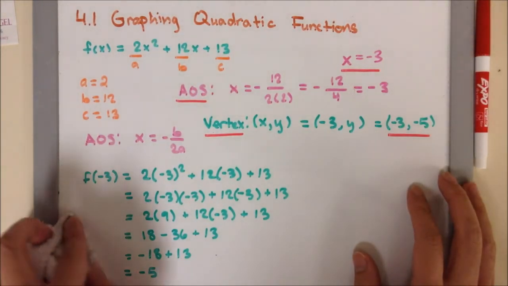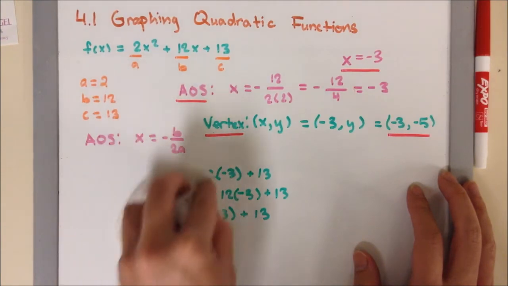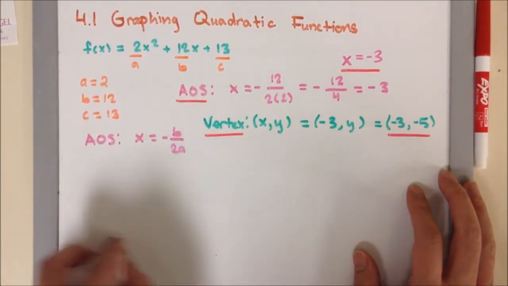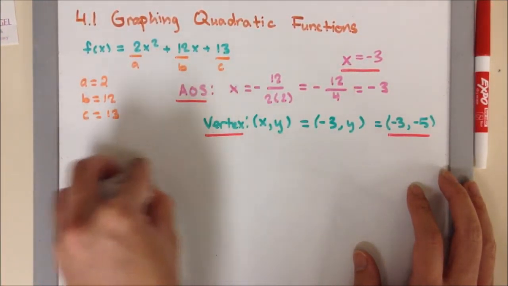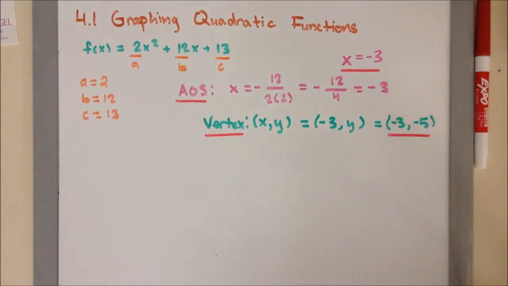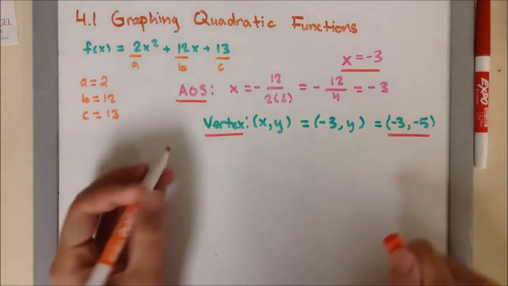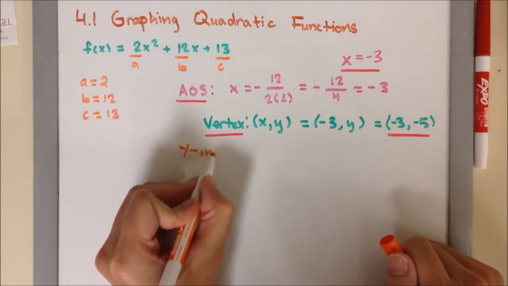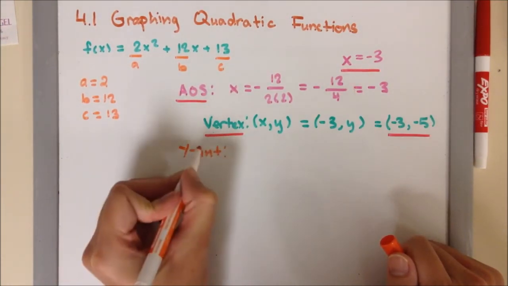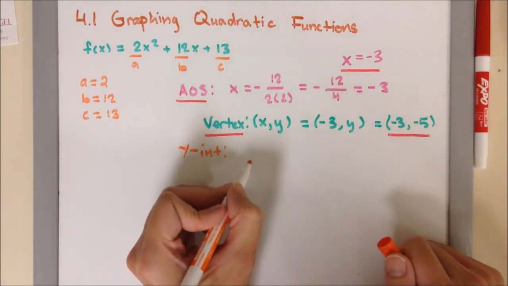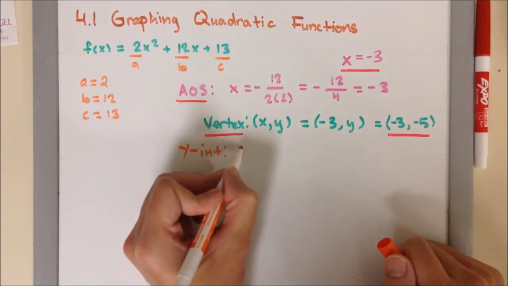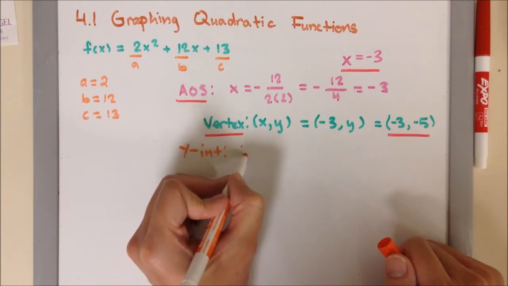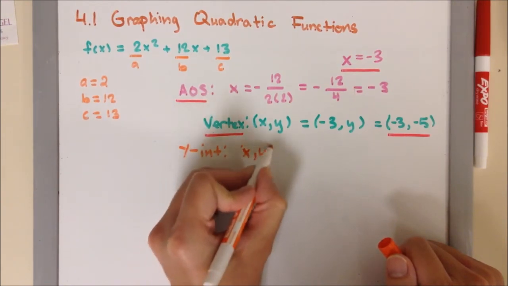So I'm going to erase to make more room. In order to find your y-intercept, it's always in coordinate form. Remember, it's going to be x comma y.